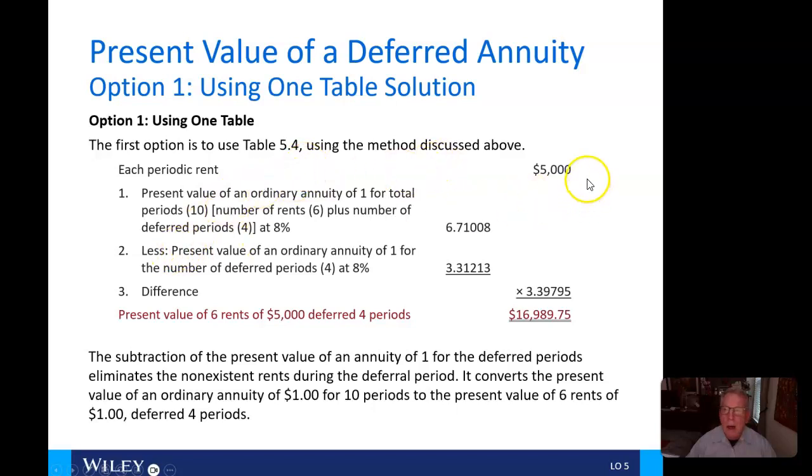So here we have $5,000. The present value of the ordinary annuity for a total of 10 periods at 8%. So if I go into the 5.4 here, 10 periods at 8%.